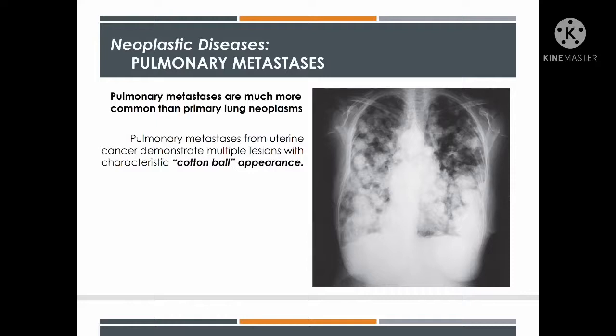Radiographically, these metastatic lesions appear as single or multiple rounded opacities throughout the lungs. Pulmonary metastasis from uterine cancer demonstrates multiple lesions with a characteristic cotton ball appearance. CT is more sensitive than conventional chest radiography in the detection of small metastatic lesions.